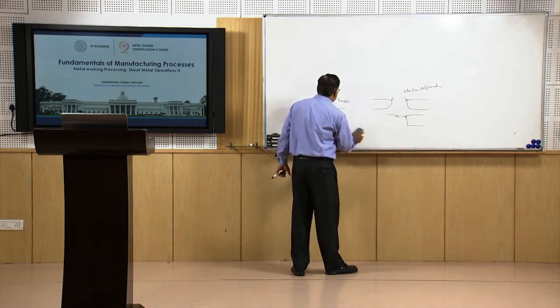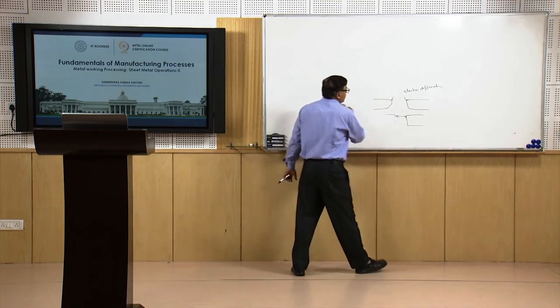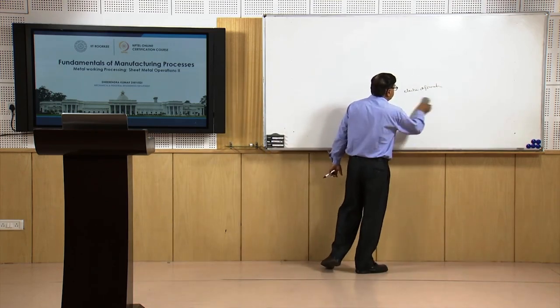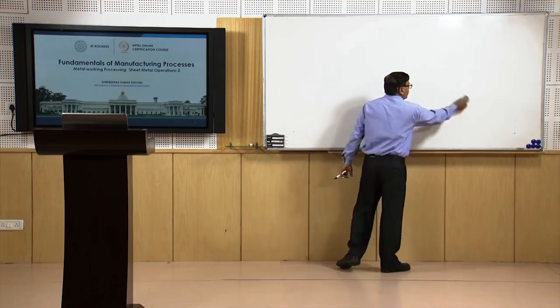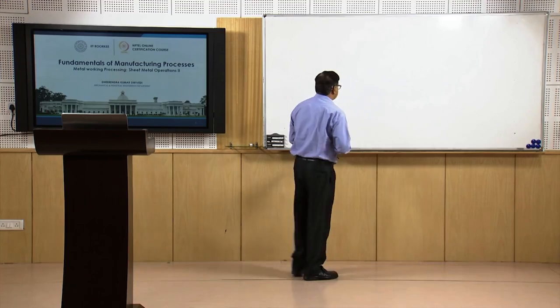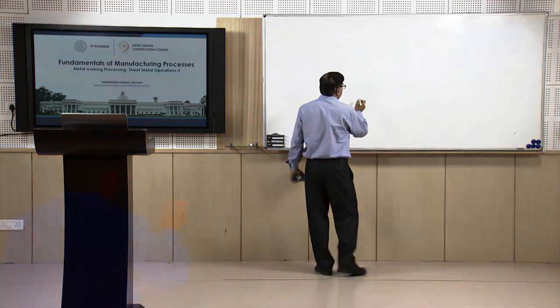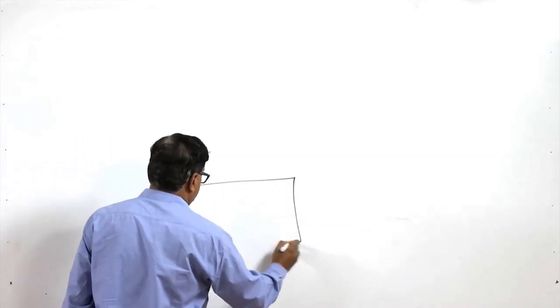For calculation of the shear force, the force which is required for the shearing purpose, we need to consider certain things which will help to determine the magnitude of the shear force and the work required for the same. So this is the strip in the top view.